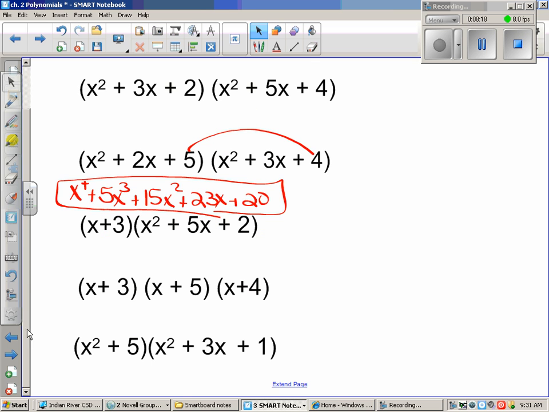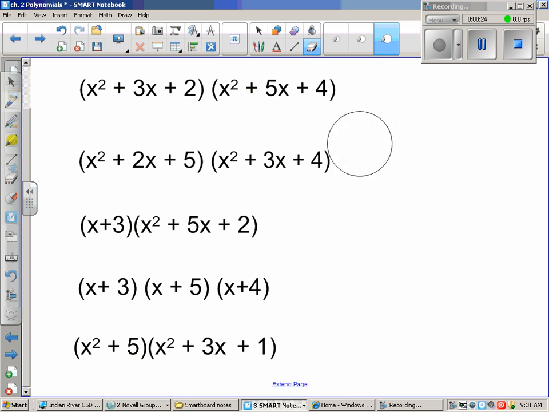Great, so let's do another one. x, and they don't have to be exactly the same. You'll notice that sometimes you'll have 3 terms in each one, and sometimes you'll have 2 terms, like this. So in this one, I have x times x squared, that gives me x cubed. x times the 5x gives me 5x squared.